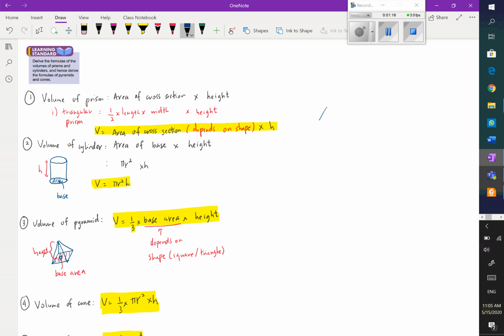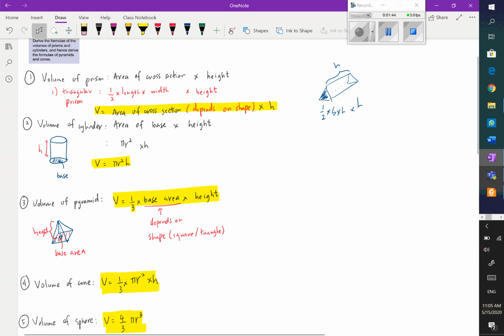Okay, let's say ini triangular prism awak. Okay, so you have to find the area of your cross section, area of your triangle darab dengan panjang you punya prism height. Okay.